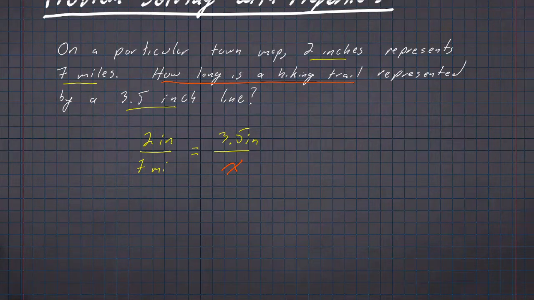You can set this proportion up, as I said, in 8 different ways. I'm going to quickly go through and write down all 7 of the other ones before I solve this one, which is the great thing about proportions. It is also the hard thing about learning proportions, because the way I set up a proportion and the way you set up a proportion might not be the same, but they will still satisfy the problem.